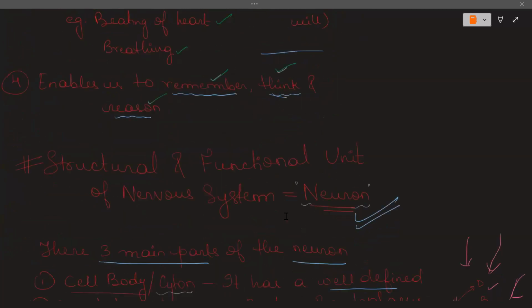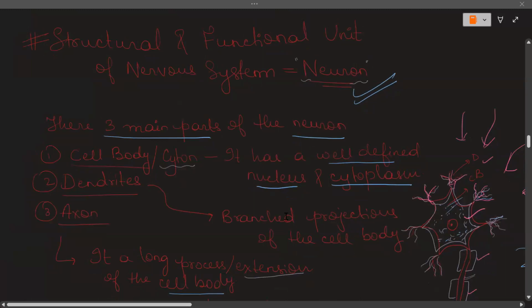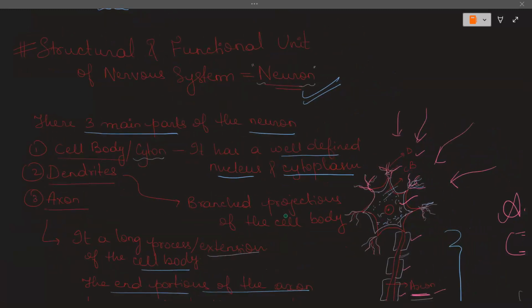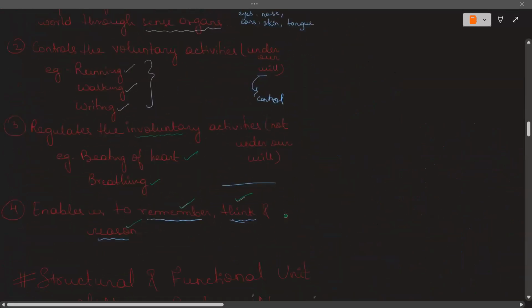All right, so now we'll discuss more about the neuron. The structural and functional unit of our nervous system is the neuron, and because of this neuron we can do all of the above things. All of these things are possible because of the neuron.